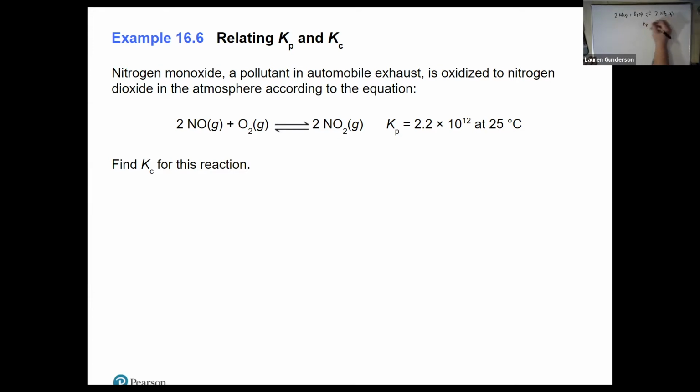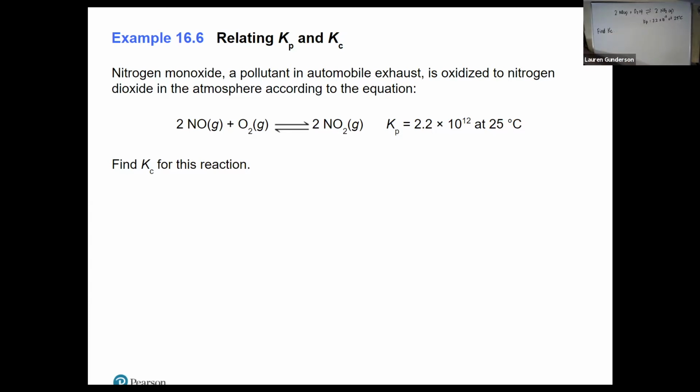Our Kp here is going to be 2.2 times 10 to the 12 at 25 degrees Celsius. Notice that the temperature is given here because that plays a role in the conversion from Kp to Kc and vice versa.